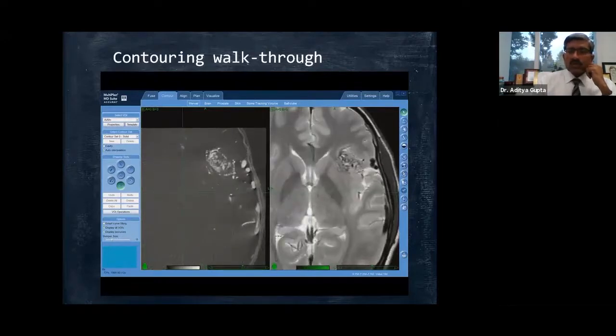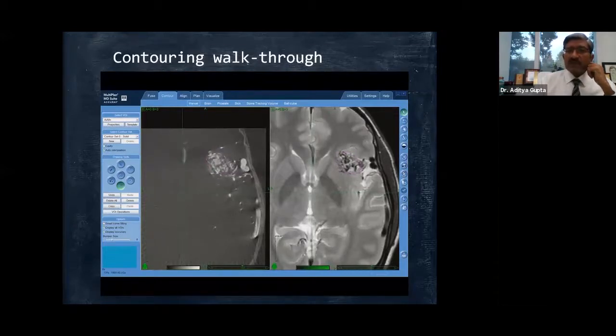So pretty soon you will start seeing a purple contour, which I will be drawing on the vaso-CT. And you will see it projected on the T2 MRI on your right side. And I will keep on modifying as we go along the different sections in which the AVM is visible.